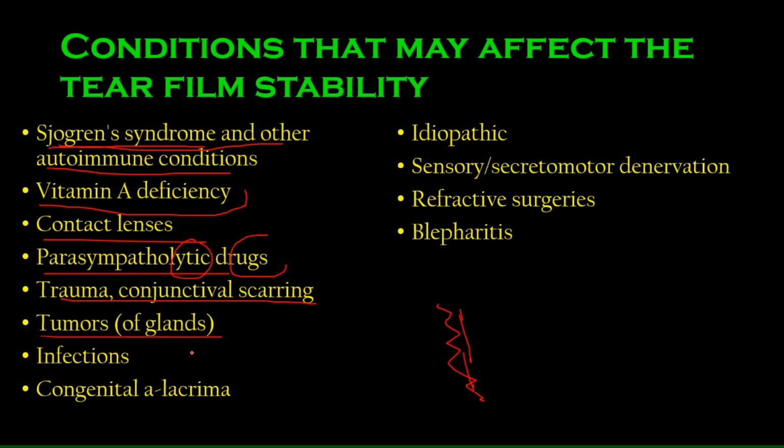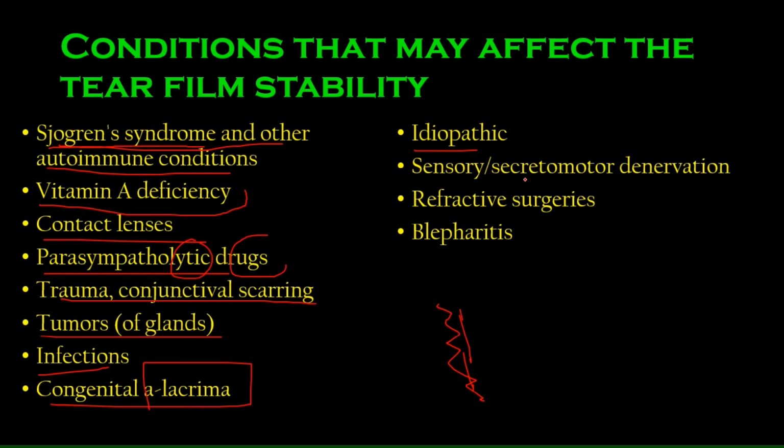Again, tumors of the glands. If the glands have tumors, they will not work properly. There will be no proper layer production, and as a result, dry eye. Infections, right? Congenital alacrima is a condition in which there is less production of tears by the lacrimal gland. Then there is idiopathic, unknown cause. For whatever reason, the lacrimal gland is not doing its job.